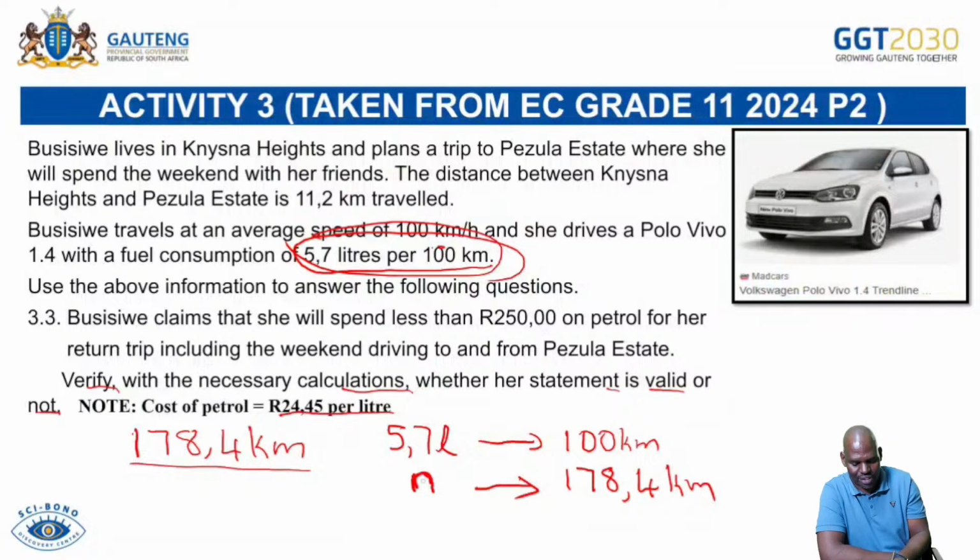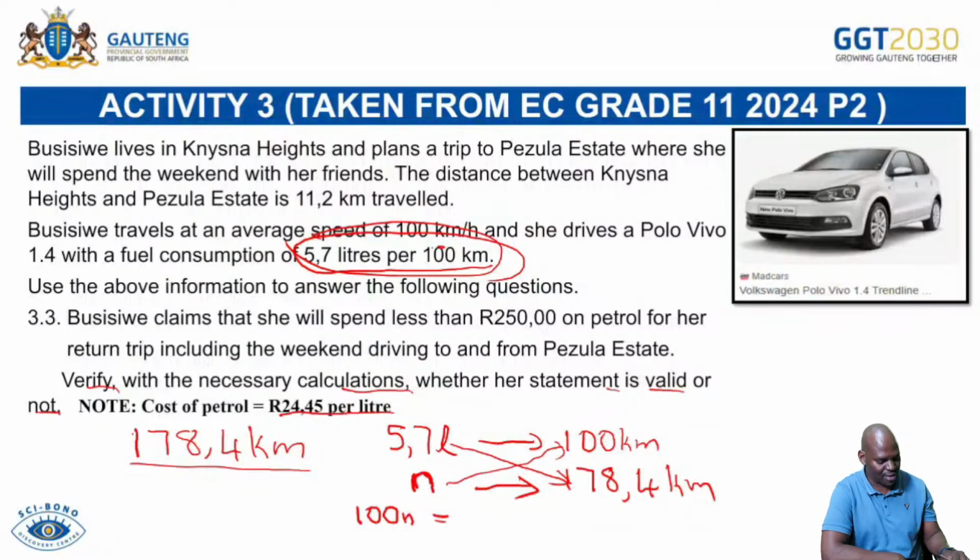N multiplied by 100, I get 100N, equals 5.7 multiplied by 178.4. So if I take 5.7 multiplied by 178.4, I'm getting 1016.88.